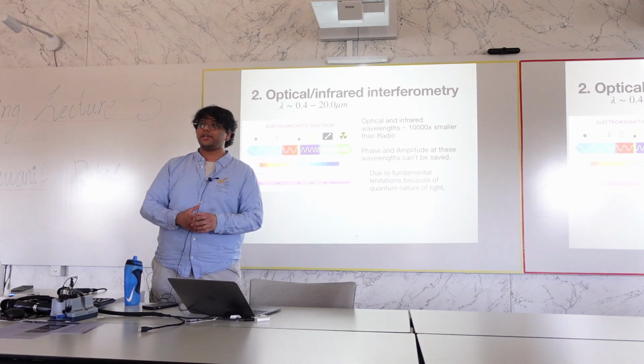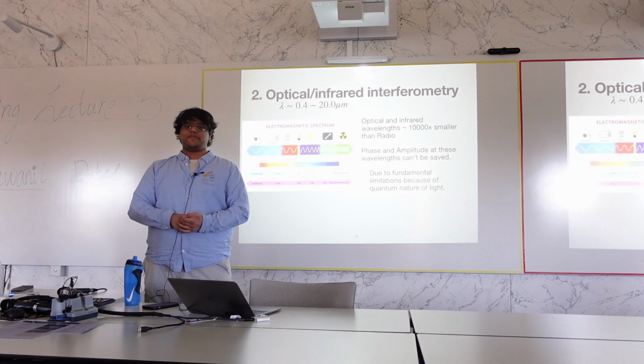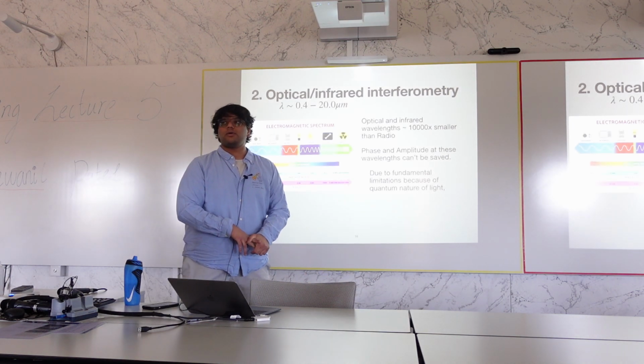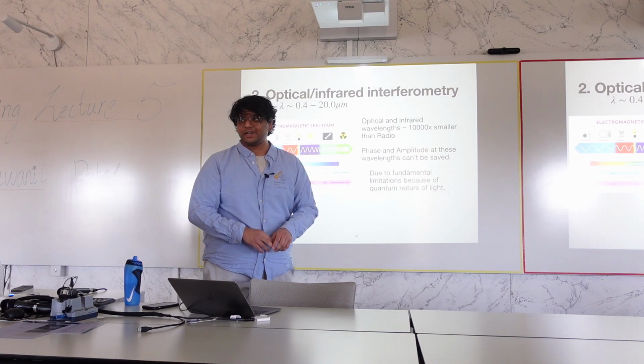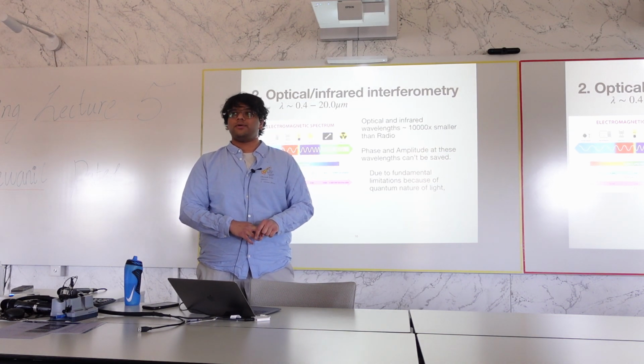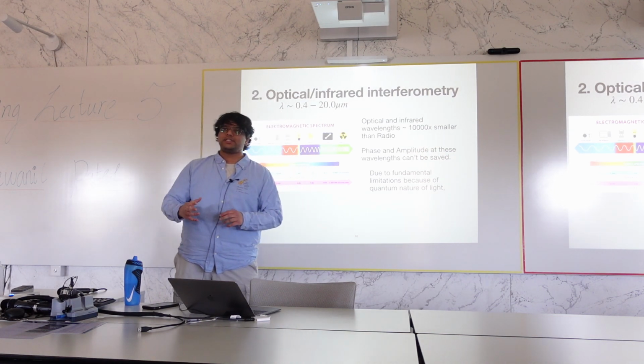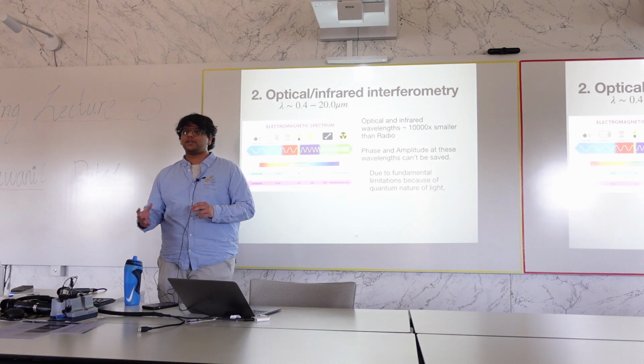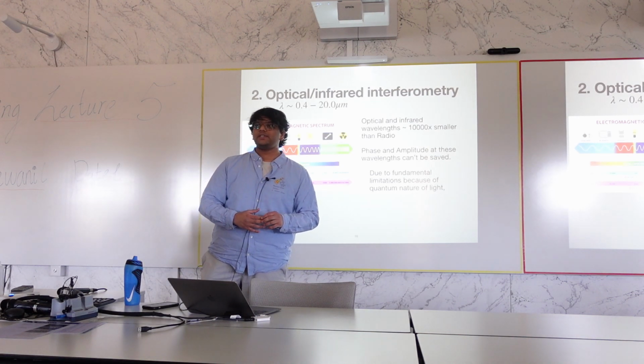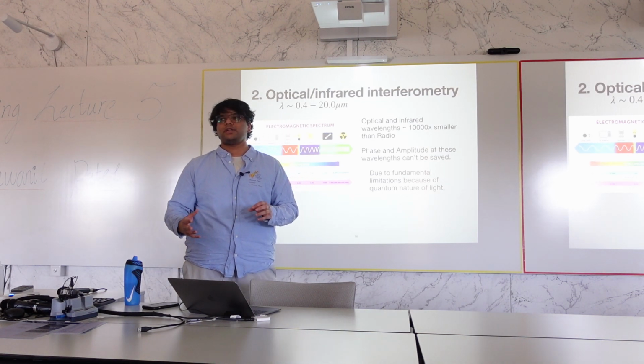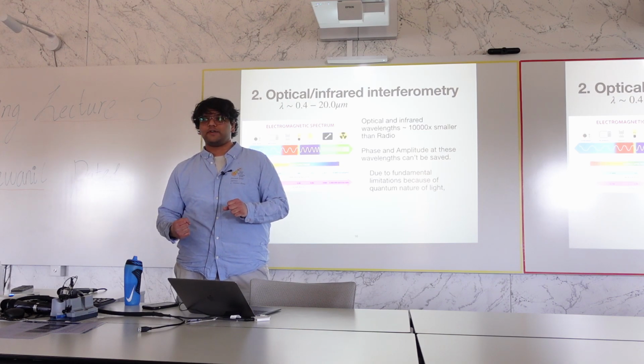But you cannot really do this at shorter wavelengths. Optical and infrared wavelengths are 10,000 times smaller than radio. So the phase and amplitude cannot be saved at these wavelengths, and this is because of a fundamental limitation due to the quantum nature of light.